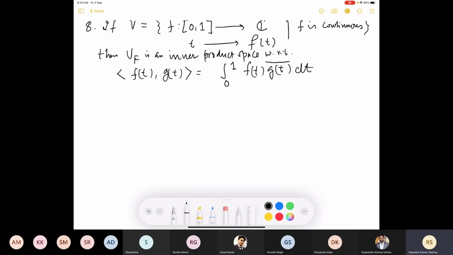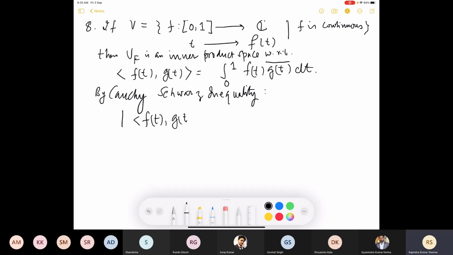And by the Cauchy-Schwarz inequality, what we get is that the modulus of the inner product is less or equal to... instead of taking square roots, let me take squares on both sides.